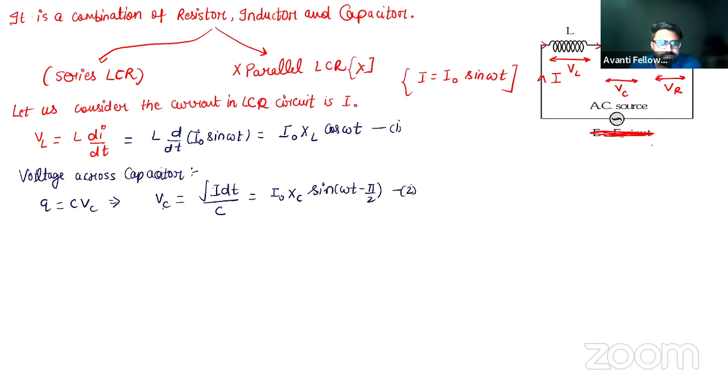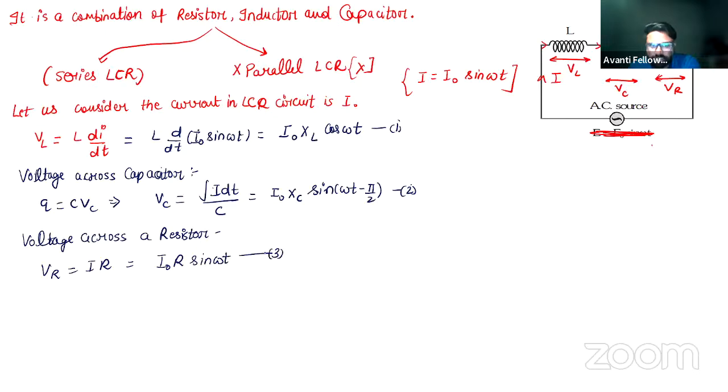So the only difference here is VR, the voltage across a resistor, is given by VR is equal to I into R. The value of I is I naught, so it will be I naught R sine omega t. This is equation number 3.